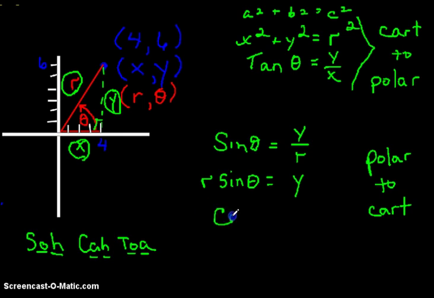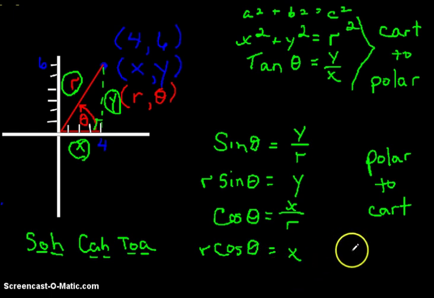So we write cosine of theta equals adjacent, which is our x, over our hypotenuse, which is our r. And once again, we will want to isolate the x because we're going to be given theta and r, and we want to know what x is. So we multiply both sides of the equation by r, and we end up with x equals r cosine of theta. So there you have it.